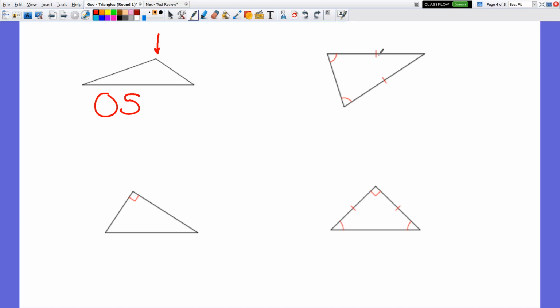So not all of them are the same, and not all of them are different. So we've got ourselves an isosceles. And all of these look acute. I could assume that they're acute, but there's no symbol saying that, or there's no degree measures. There's no symbol saying there's a right angle. So a safe bet would be acute, but the most that we know is that it's isosceles.